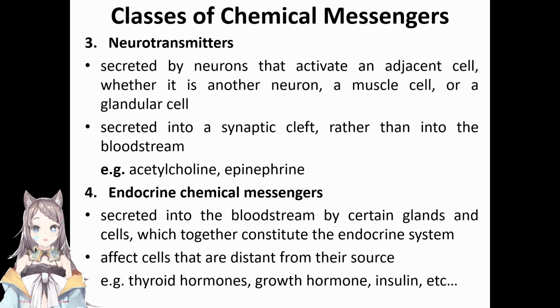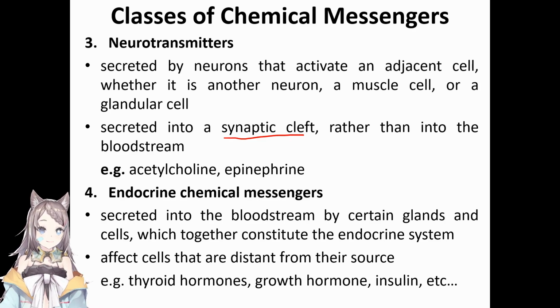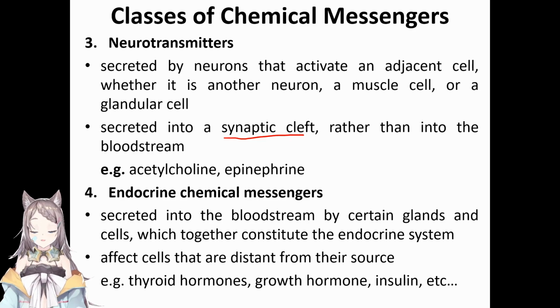Next, we have our neurotransmitters. Neurotransmitters are secreted by neurons that activate an adjacent cell, whether it is another neuron, a muscle cell, or a glandular cell. These are released into the synaptic cleft rather than the bloodstream, meaning these neurotransmitters do not actually reach the bloodstream, because once they are in the synaptic cleft, they are either taken up by the proper receptor or biotransformed back into their original components.